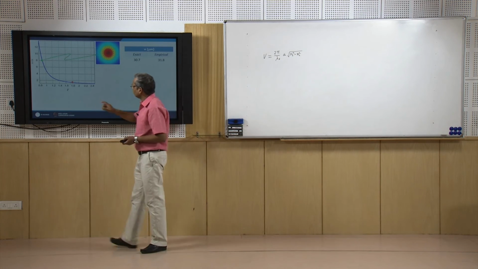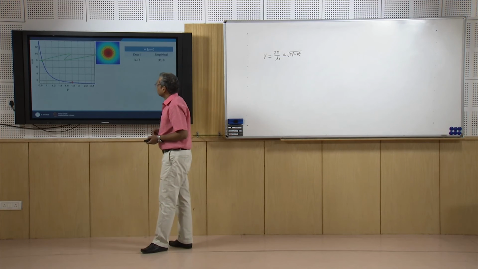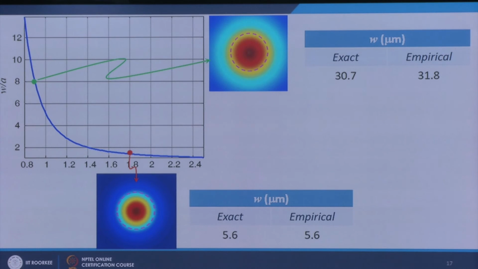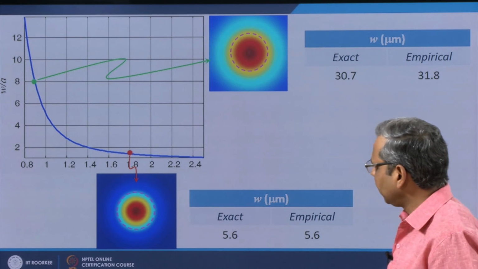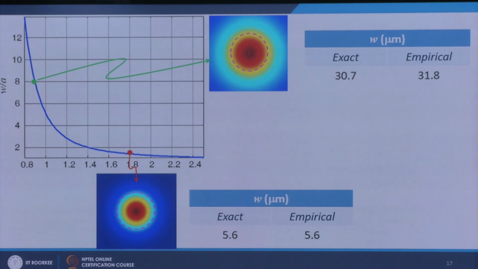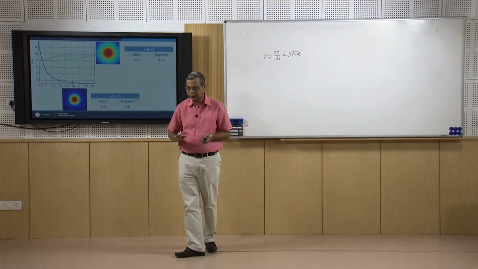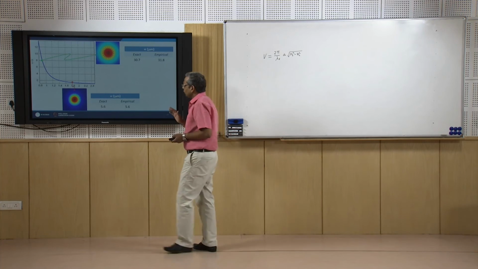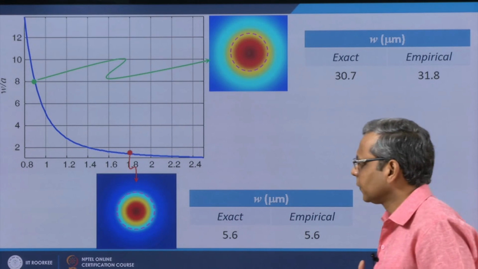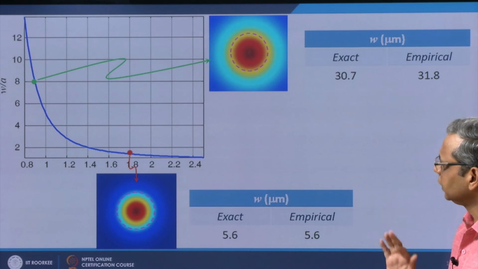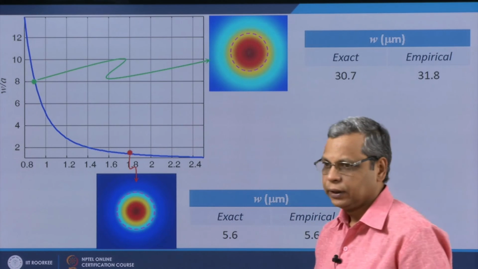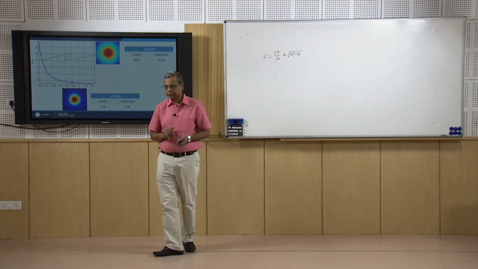I take another representative point at V equal to 1.8. Here the exact and empirical formulas give almost the same value of W, in good agreement. So for smaller values of V there is some discrepancy, but this empirical formula works very well towards higher values of V.